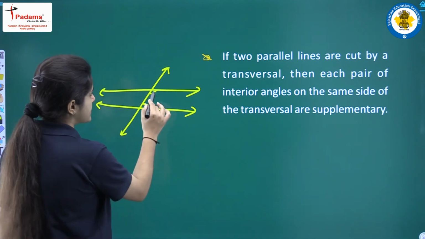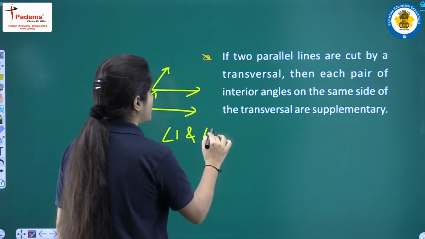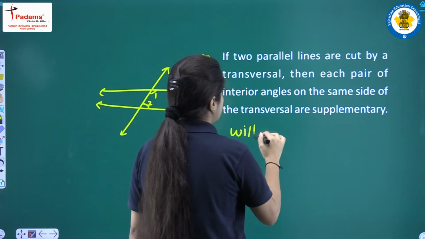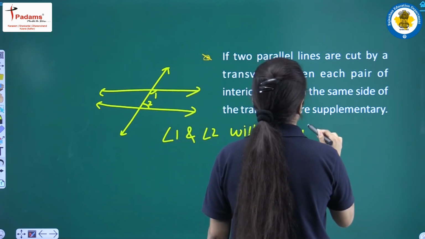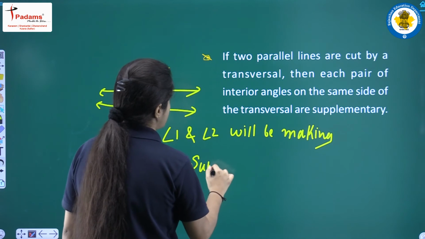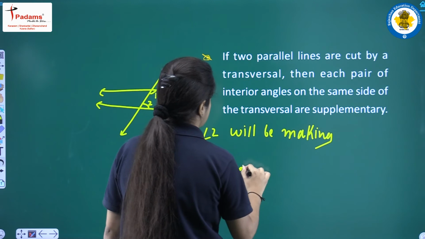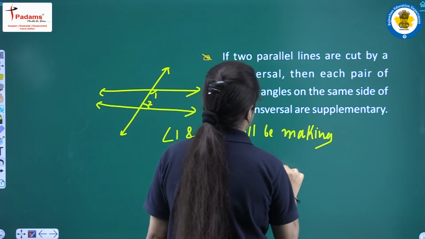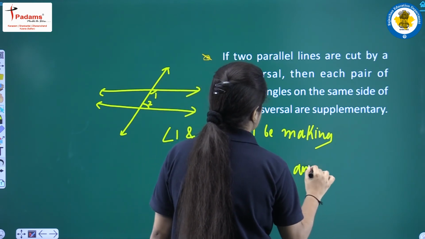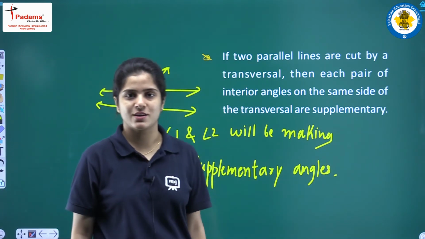If this is angle 1 and this is angle 2, then angle 1 and angle 2 will be making supplementary angles, okay students.